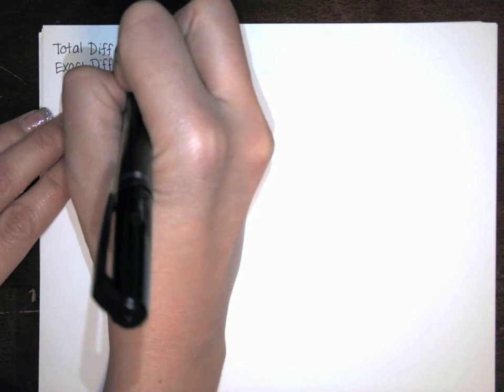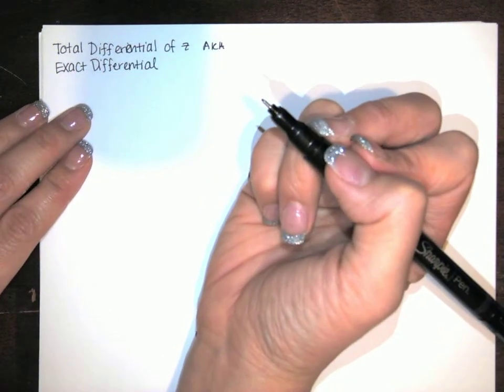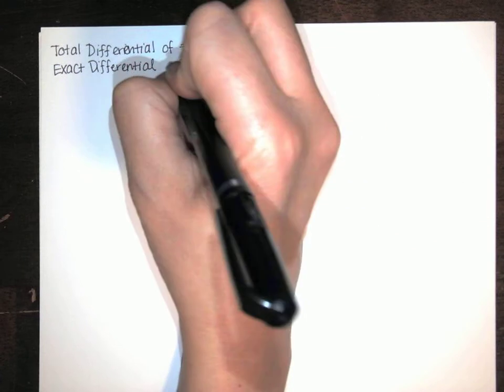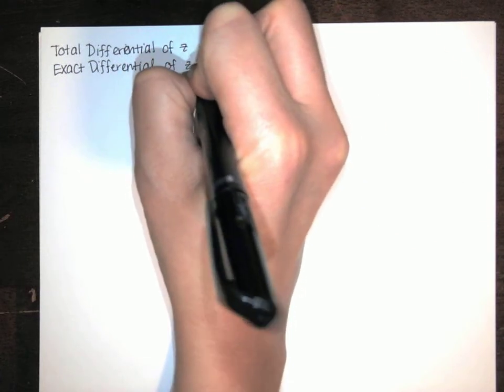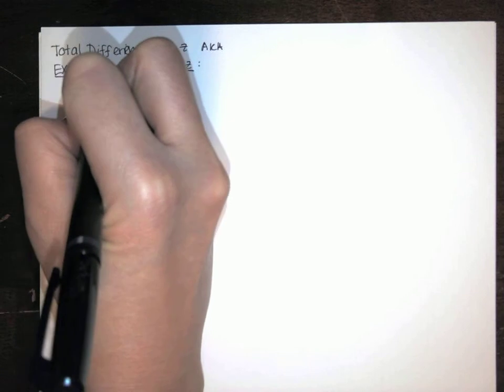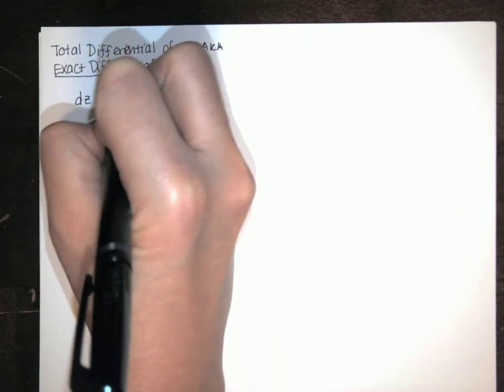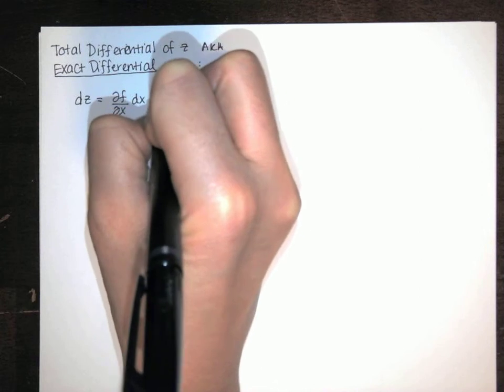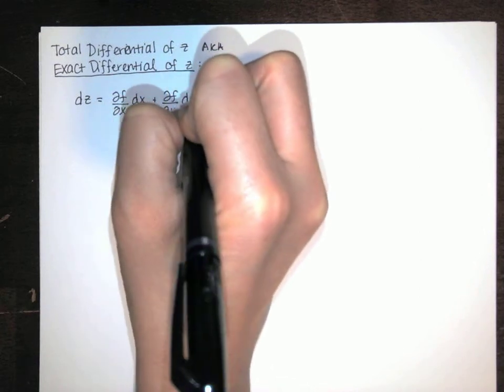If you've already studied exact differential equations, then you've seen this before. It's given by this. dz equals the partial of f with respect to x times dx plus the partial of f with respect to y times dy.